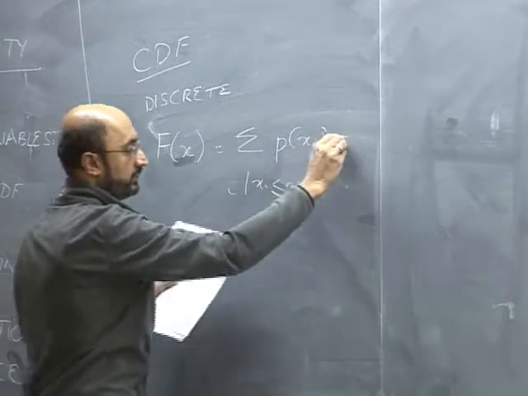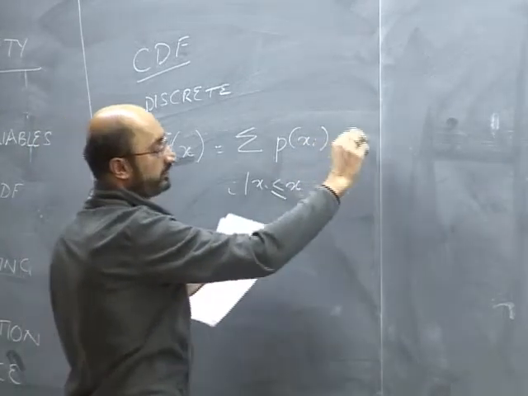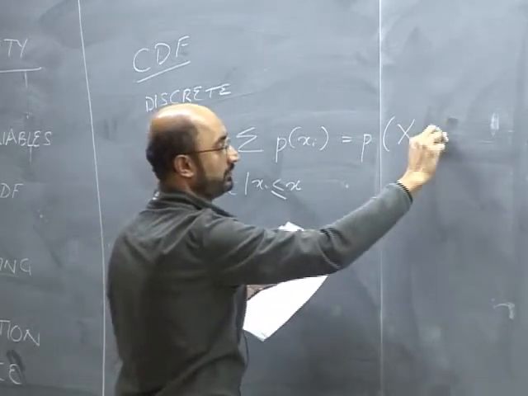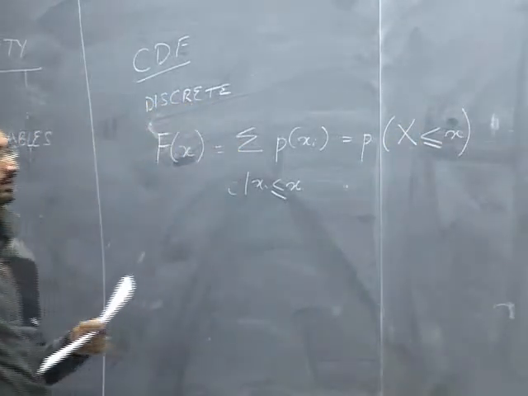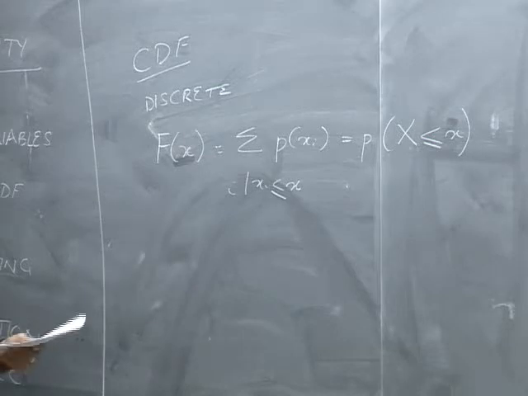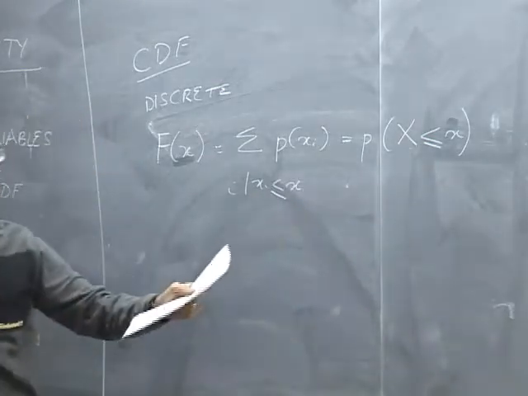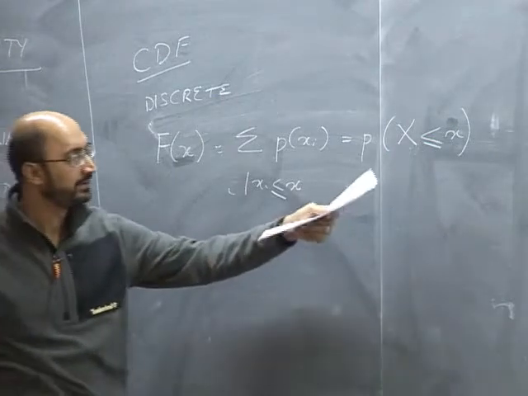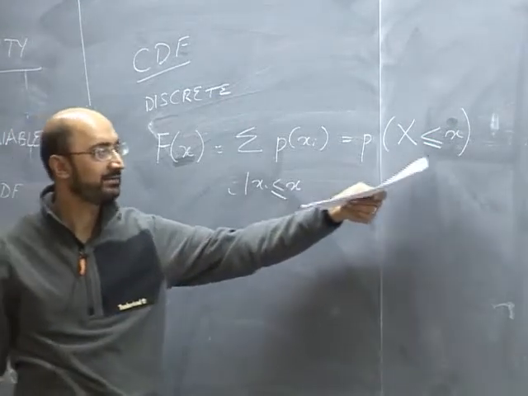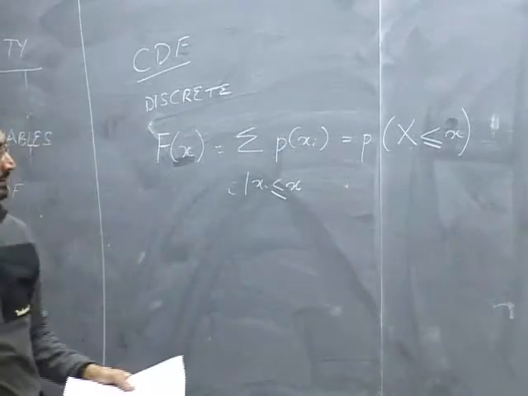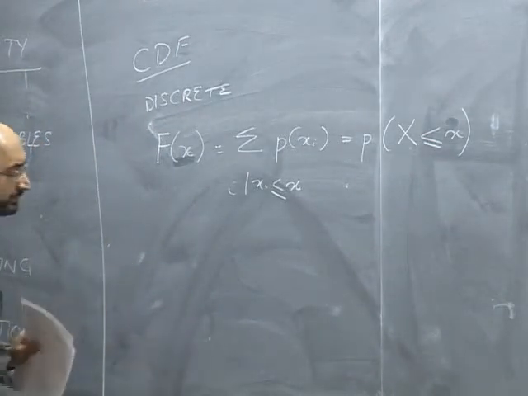Which is also the same as the probability that the variable X is less than or equal to x. We use this as the shorthand for X less than or equal to x. Now it should be clear that what we're really talking about is the random variable X being less than some chosen value small x in its domain, and we're looking at the sum, and it's less than or equal to.